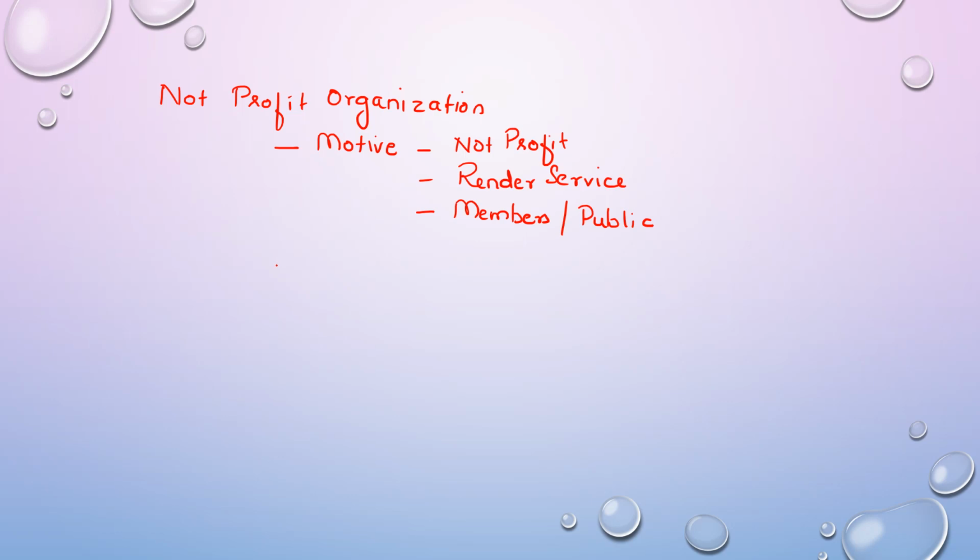Now, to understand NPO, we need to understand what type of organization you can find under this type of organization. You find charitable hospitals, sports clubs, which are formed in the form of a not-for-profit organization, where their intention is not to earn profit but to render service.